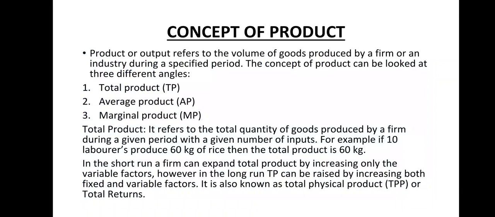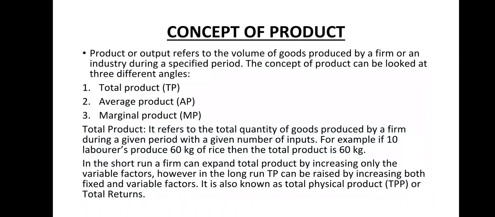And these product categories are categorized into three parts, that is total product, average product and the marginal product. As far as total product, it is the total quantity of the goods produced by a firm during a given period with a given number of inputs.